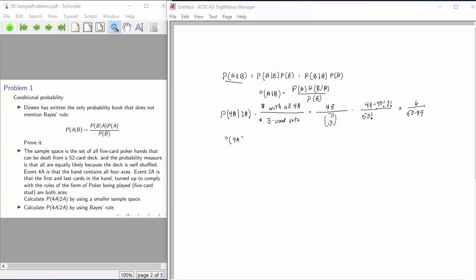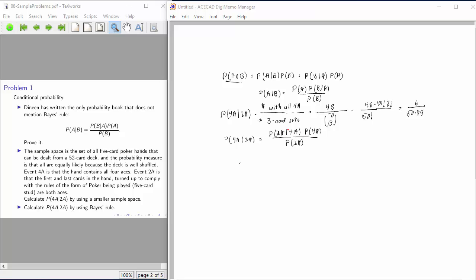So I can write down Bayes' rule mechanically. Probability of 4 aces given 2 aces is the probability of 2 aces given 4 aces times the probability of 4 aces divided by the probability of 2 aces. Now I have to think about what that means.